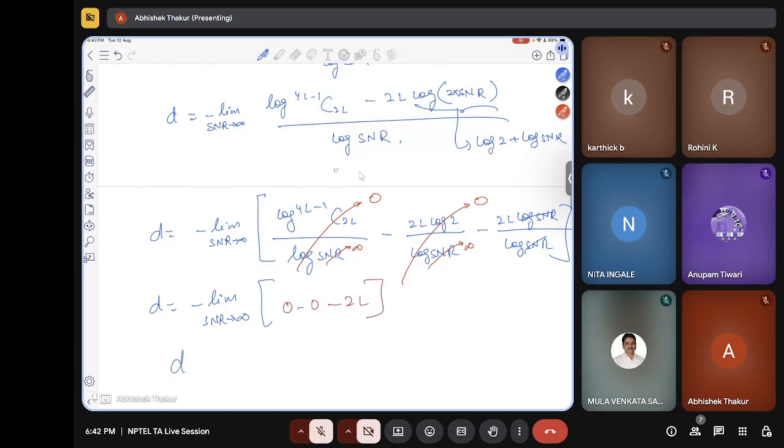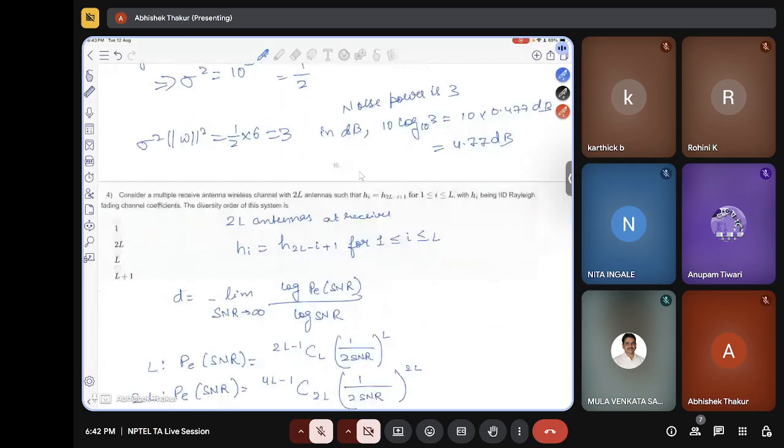The minus and minus get cancelled, so finally the diversity is 2L. Option B is the correct answer for this question. Move on to the next question if you don't have any doubt.